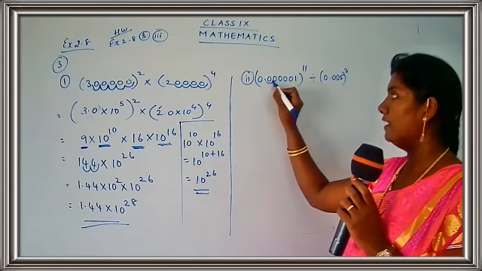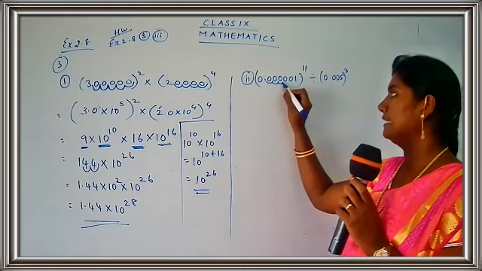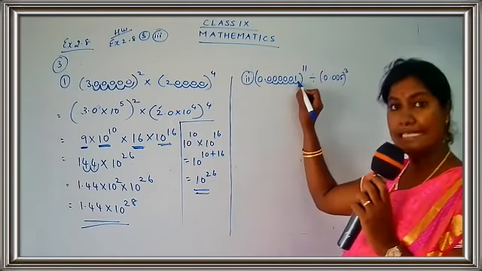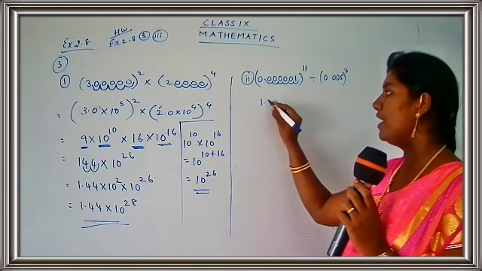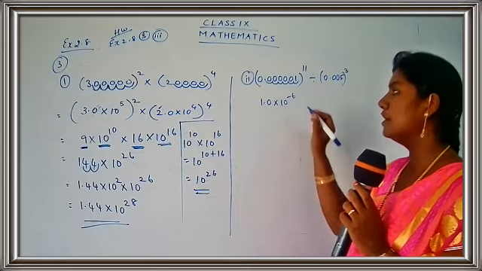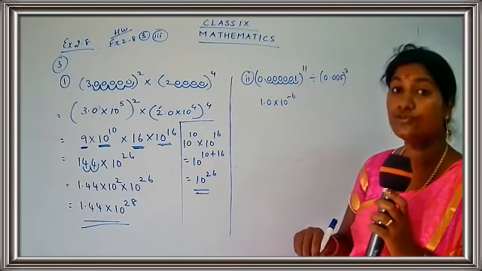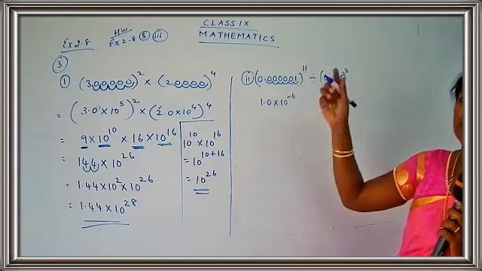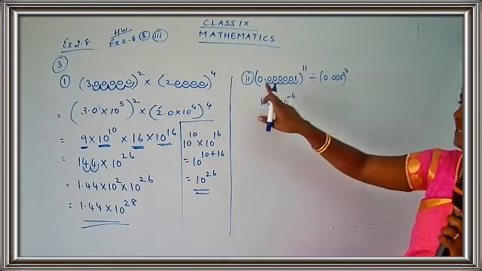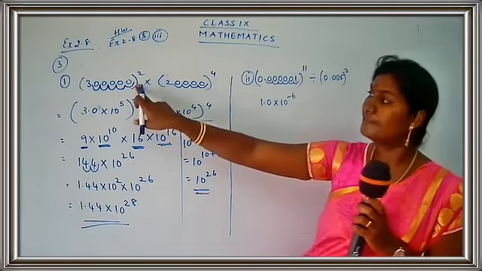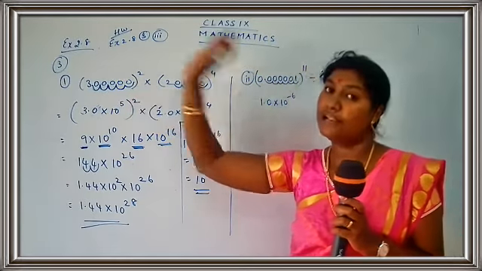So this is 1, 2, 3, 4, 5, and here 6. I get 1.0 into 10 raised to minus 6. Do not forget to write a negative power because you are going to shift the decimal to the right side. Where is the decimal shifting? The decimal is moving to the right side. Where was the decimal shifting before? The decimal was shifting to the left side.